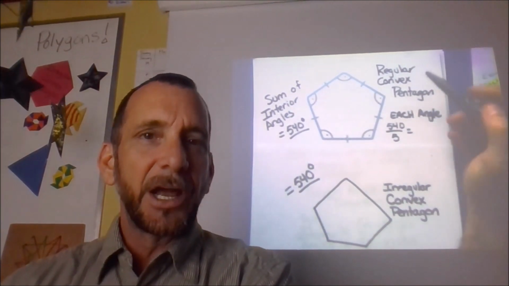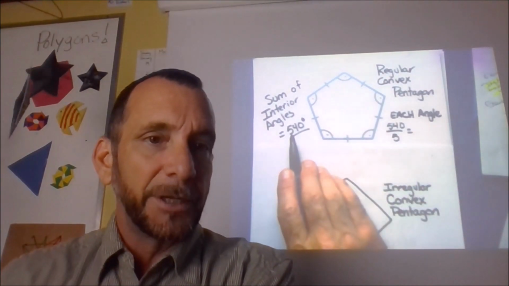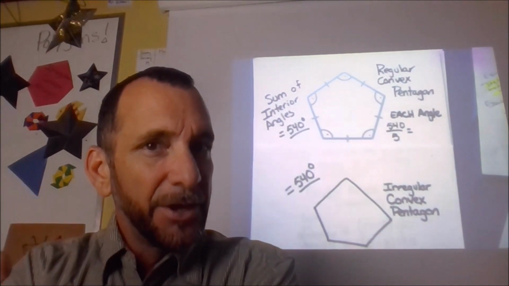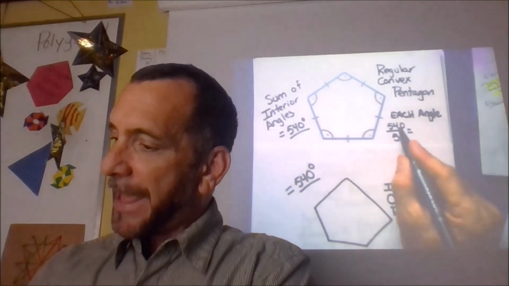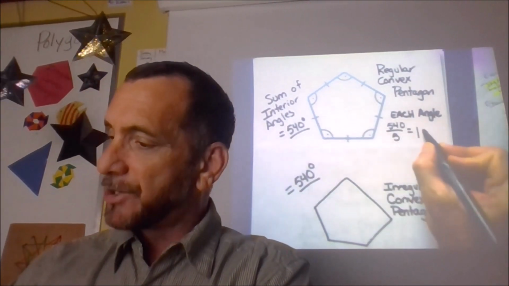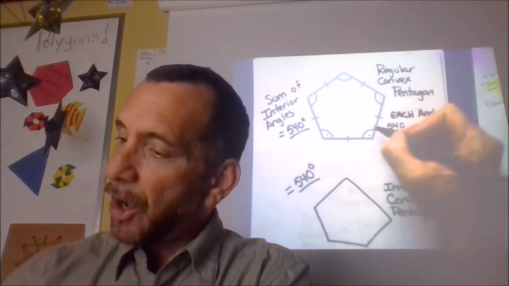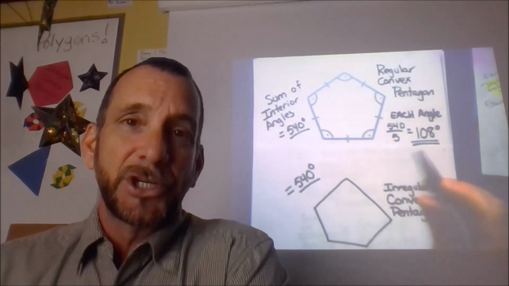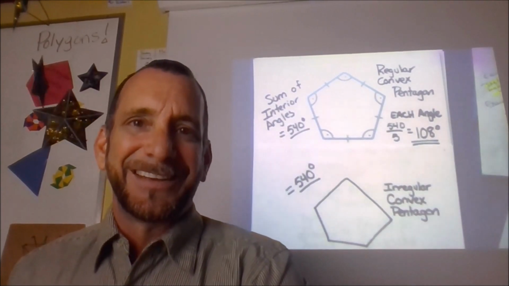For a regular convex pentagon, the sum of the measures is 540, and for each angle, all we have to do is divide by the number of sides, which is also the number of interior angles, and that is 540 divided by 5, and each angle measures 108 degrees, 108, 108, all the way around, and that's a very useful number that won't change no matter how large the regular pentagon is.